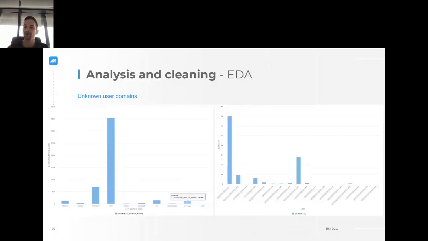Drilling down to specific user emails, we realized there are a lot of dummy emails, Hotmail, Gmail, something like that, which are not possible for our application. But while having consultations with subject matter experts, we realized that those accounts, Hotmail, Gmail, and Outlook, actually belong to quality assurance users, and we marked them as such.